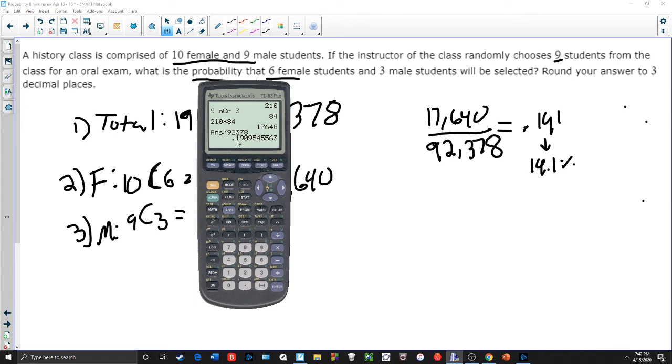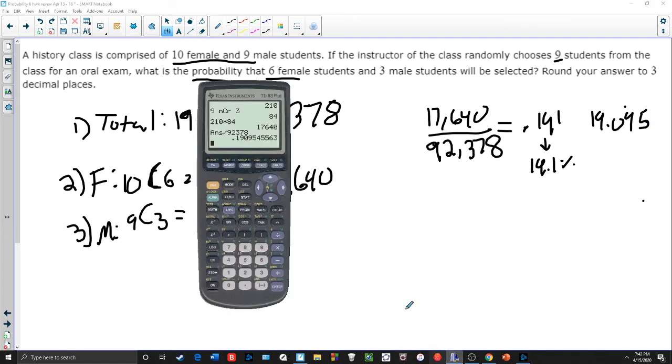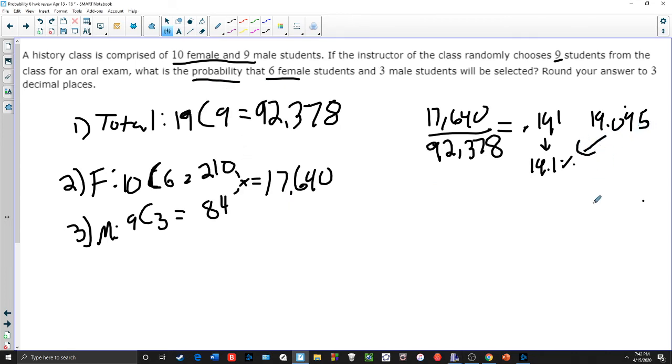Which in this case would be roughly the same. That would be 19.095, because that's 3 decimal spots out, right? If I move the decimal back twice, I get 19.095, and that 5 would round the 9 up to a 10, and that 10 would round that 0 up to a 1. So this would end up being 19.1 as well.